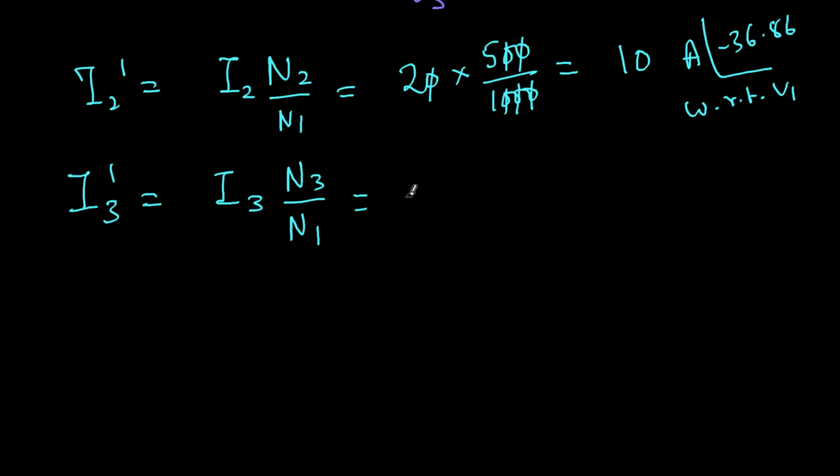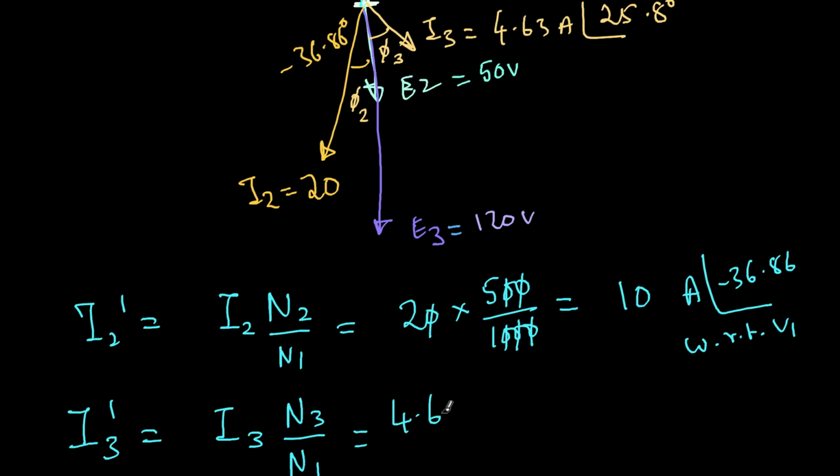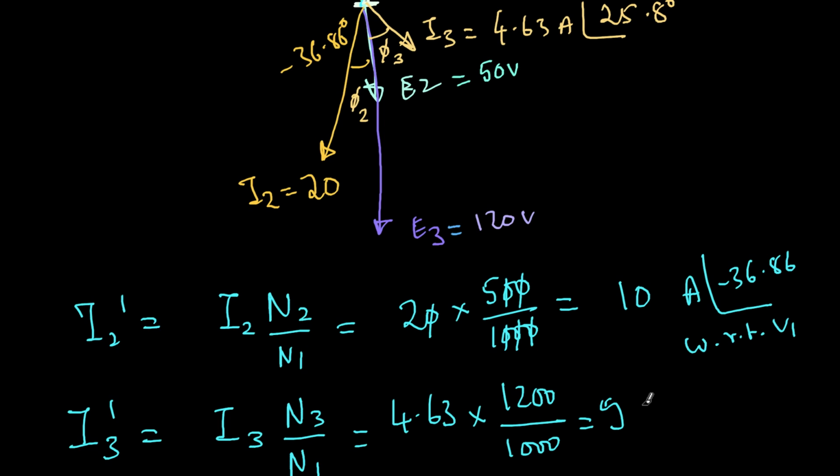Similarly, I3 dash: what is the current I3? 4.63 amperes. This current will be multiplied by N3, that is 1200, and N1 is 1000. So 4.63 multiplied by 1200 divided by 1000 is 5.556 amperes, and the angle will be plus 25.8 degrees. This angle will not change.